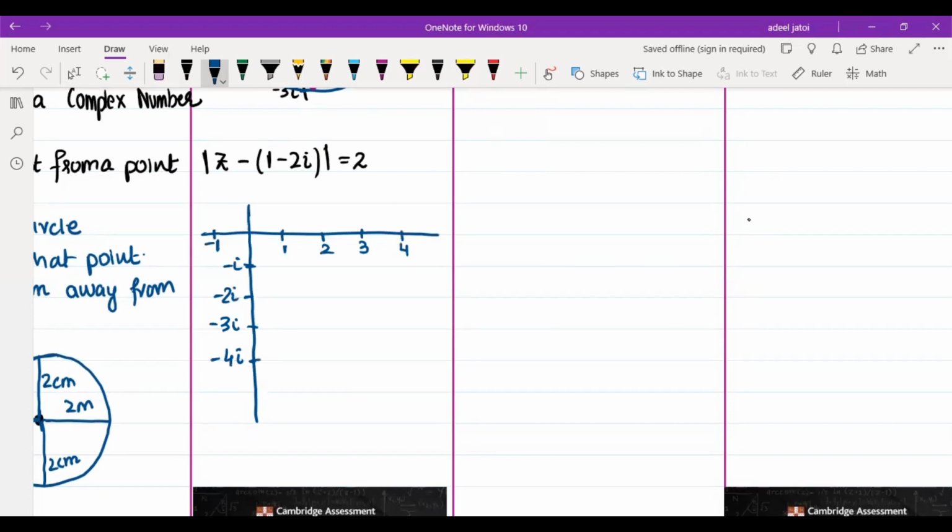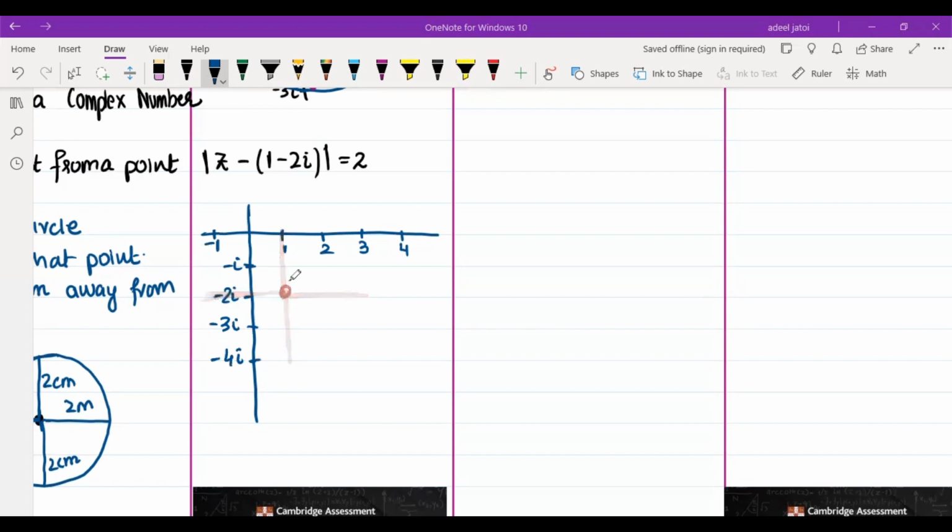The value that we need to understand is that 1 minus 2 iota will be at this point. This will be the value 1 minus 2 iota, right? So at this particular point is the center. This will be the distance, the radius. So from this point, 2 points will be on the right hand side, 2 points on the left hand side, 2 points to the top, 2 points to the down from the center.